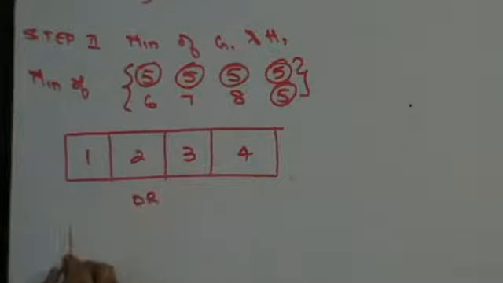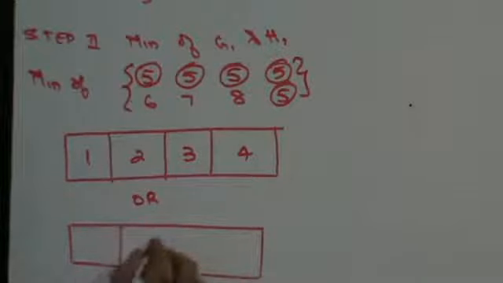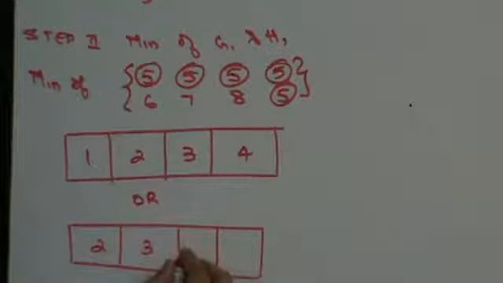Or I could take 2, 3 and I could take 4 here and 1, because I have 4 both in the first row as well as the second row.